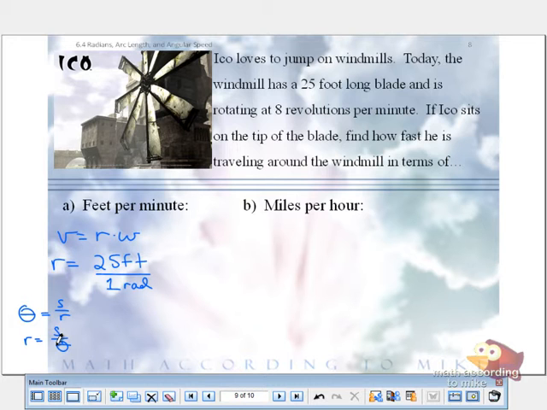Okay, notice that in part A we want to go to feet per minute. This is already in feet. Great, we'll leave that alone. In part B, to do something a little more exciting, but I'm going to erase this over here. Goodbye. And now let's work with omega. Omega tells us that the angle is rotating at 8 revolutions per minute.